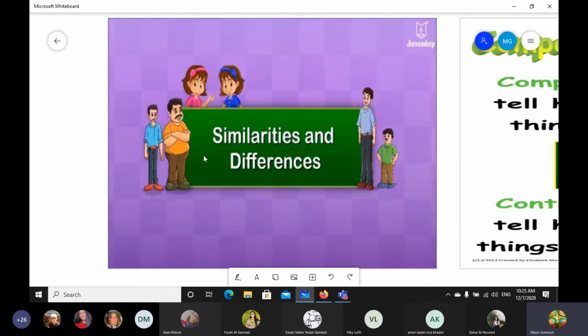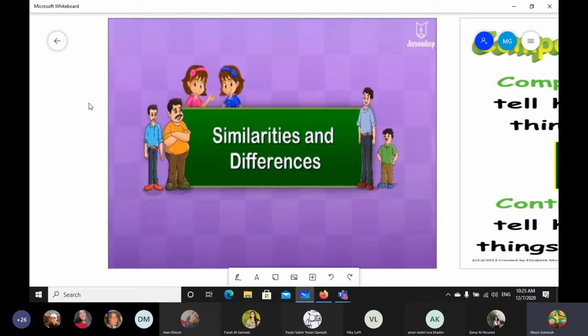And now we are going to start explaining from the title. Similarities means something that is similar. We know that things, issues, actions, people, they all have something that is called characteristics, صفات, all right?